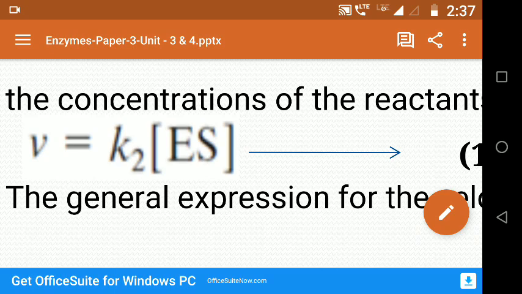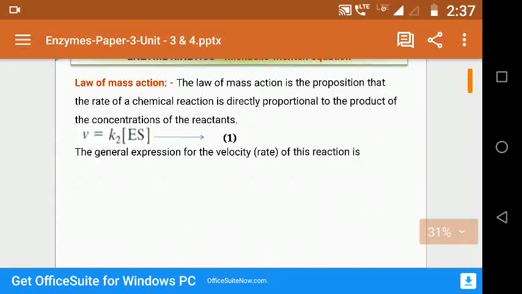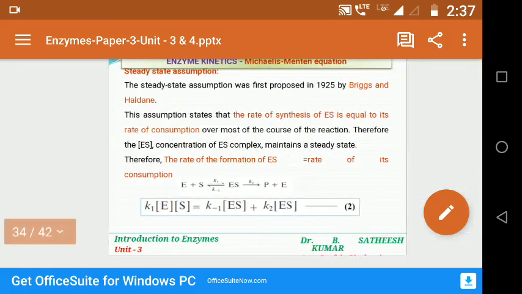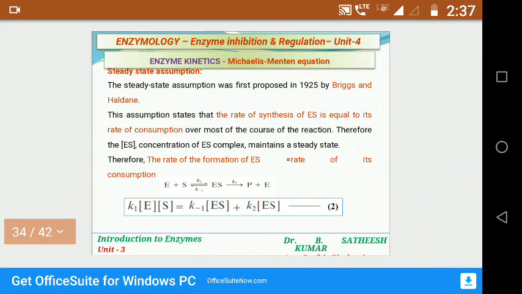Then we can easily find out what V is. So this is equation 1. In equation 1, we have to solve for the ES concentration, the enzyme substrate complex concentration. Okay, and the third point is the steady state assumption.